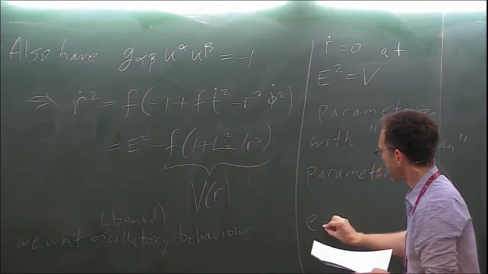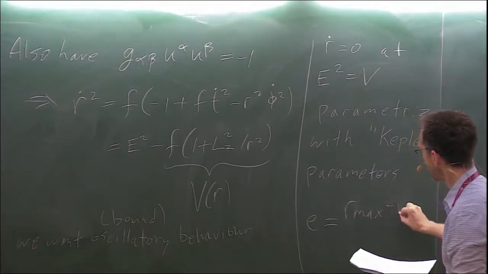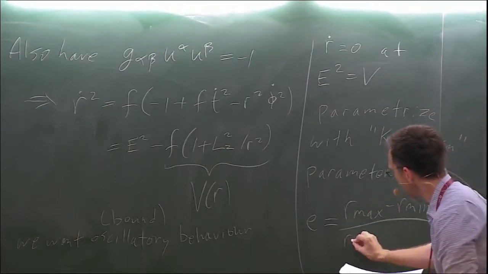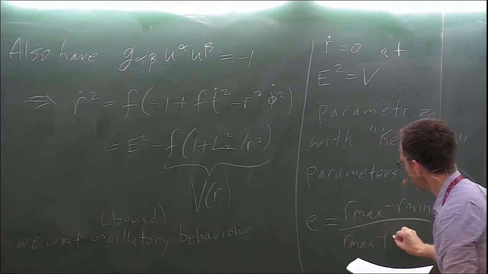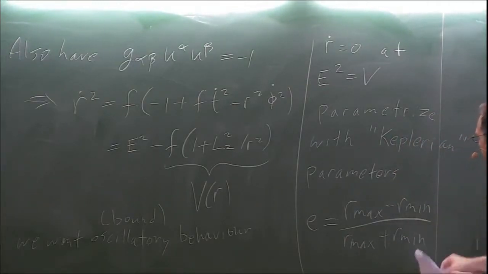So the eccentricity is r max minus r min over r max plus r min. So for a circular orbit where r max is equal to r min, you just get 0.